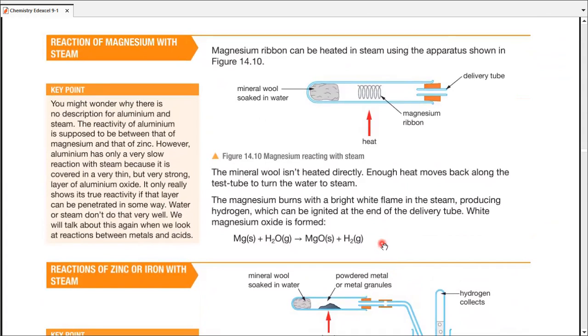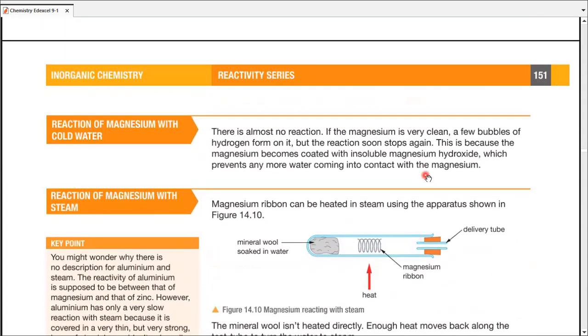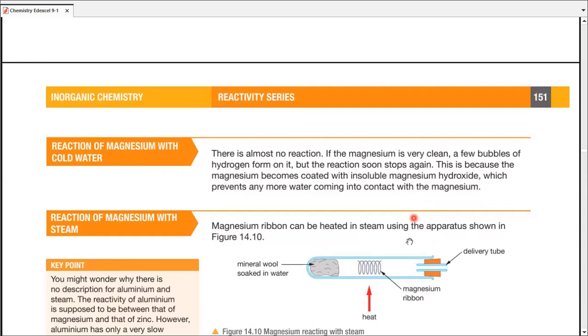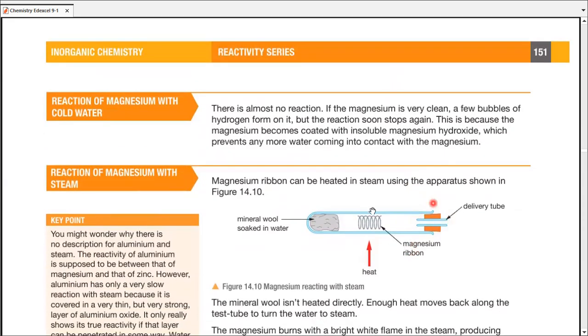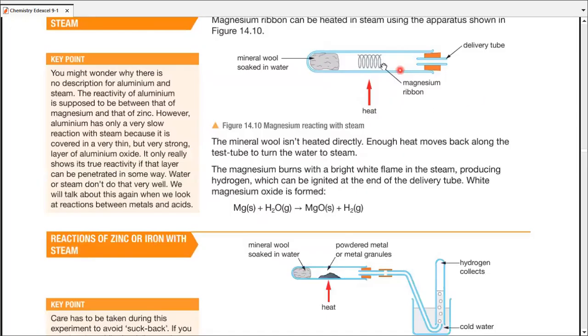So it's not just that you need to be able to write the balanced chemical equations along with the state symbols. You should actually be able to go through the apparatus they have been putting over here: what the apparatus is, how they go with the experiment, which imparts the exact heat, what products apart from the oxide or hydroxide it gives, and what we can do with it.